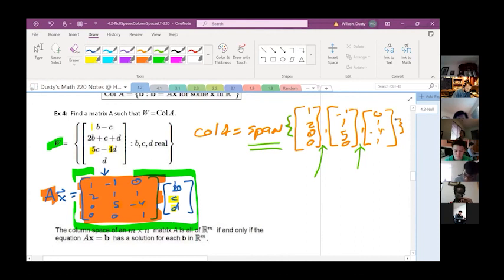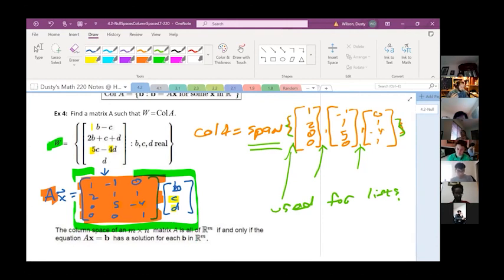I'll tend to use the curly braces for span because it sort of denotes a list. So the question asked us to find the A. We found the A, and we wrote out what that column space is. Questions about this?